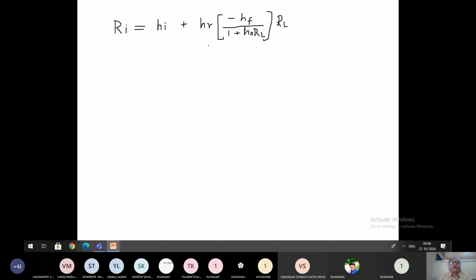Now this second term, right hand side, second term. RL, I will, it is just for simplification. With this also you can calculate the things, but I will again simplify this furthermore. So Ri is equal to Hi plus Hr.